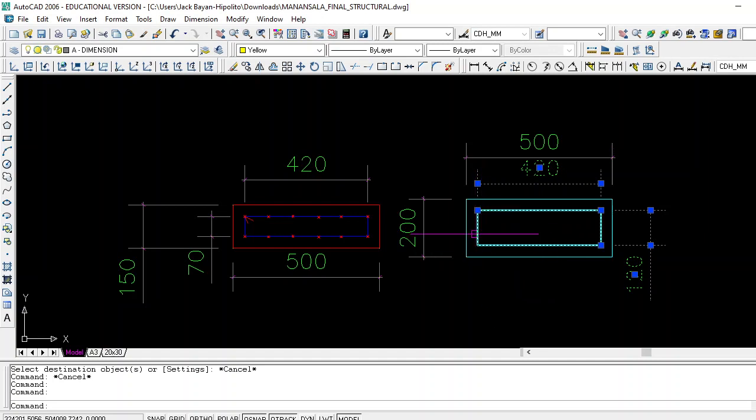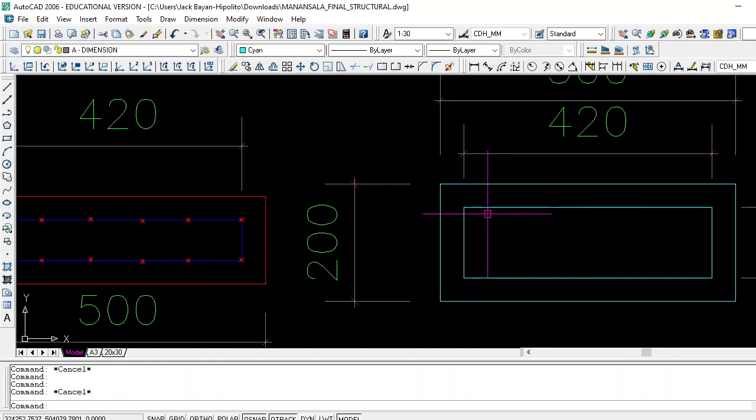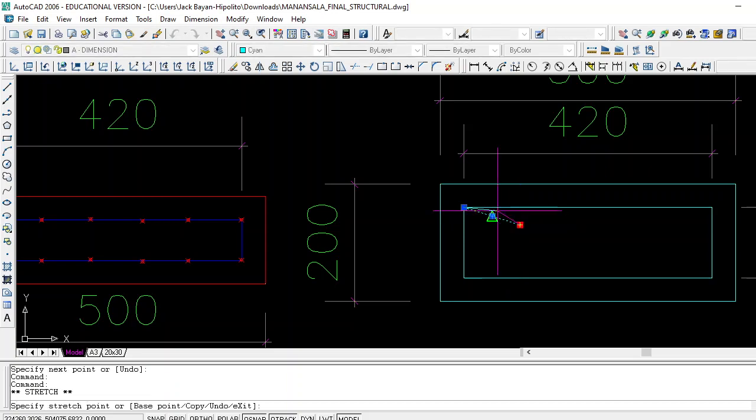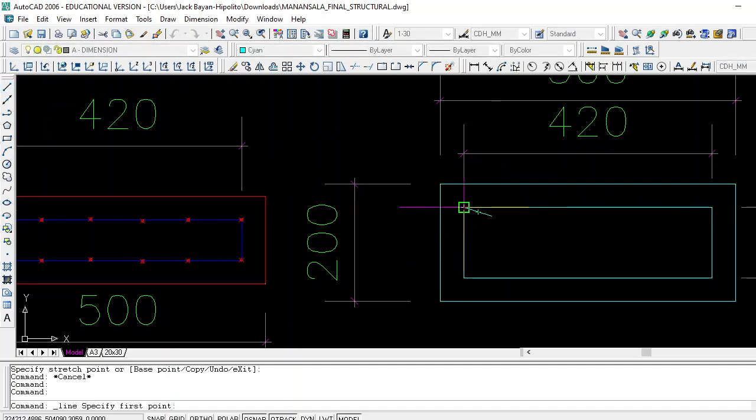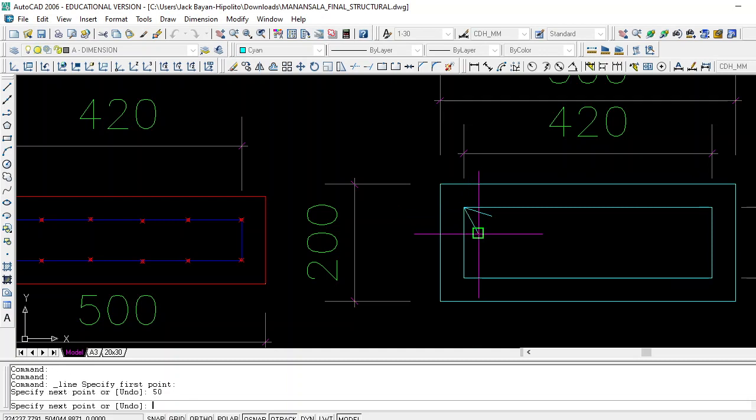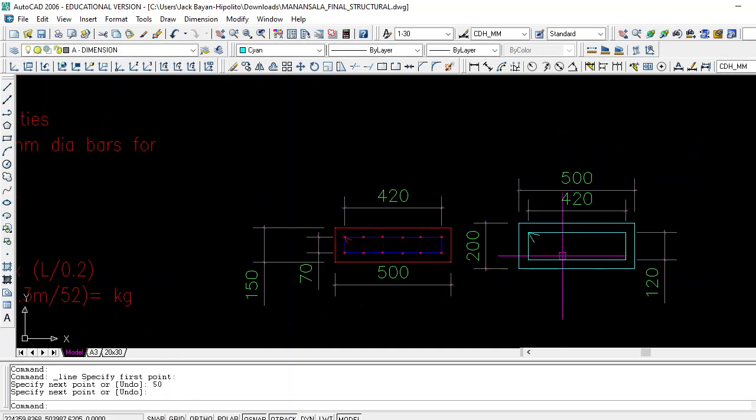And then don't forget yung sinasabi ko na meron tayong additional na 50 to take care of the ending part, and another 50. Okay? So, you have now the perimeter.